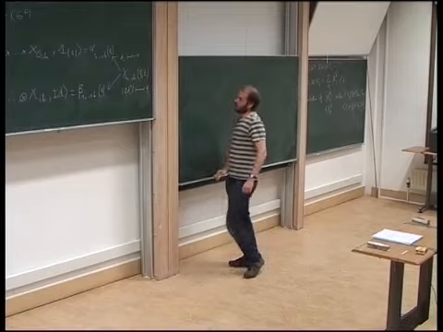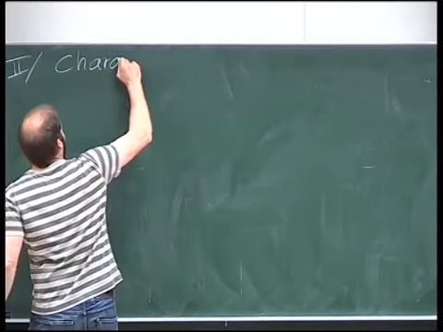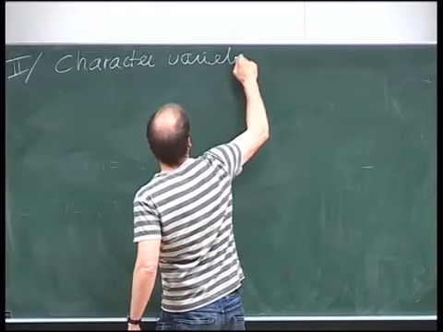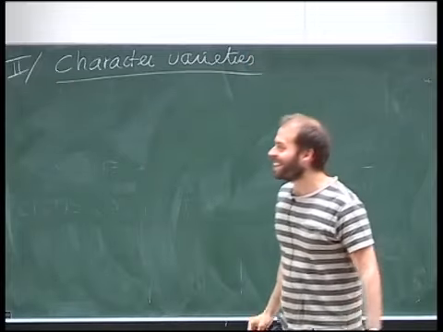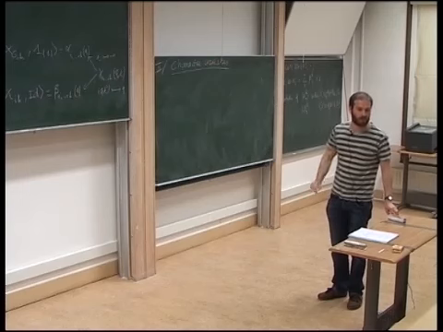Right. Now I will introduce the character varieties, or representation varieties. We will work over the field of complex numbers. What is G going to be? It's GLN.